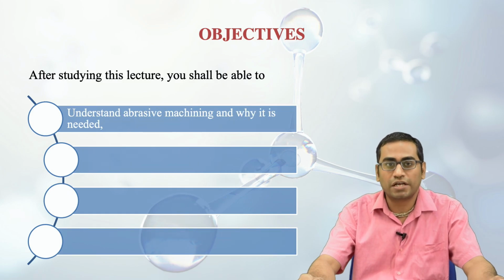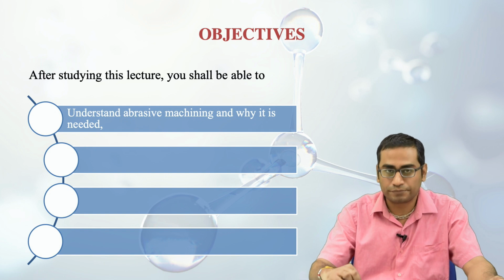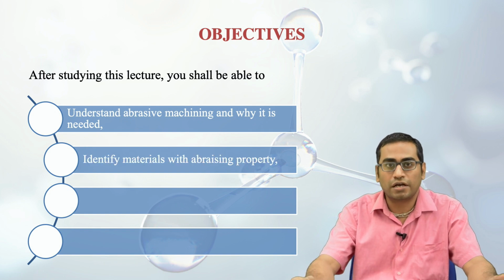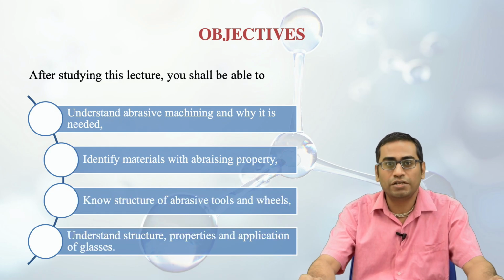Further, you will understand abrasive machining and why it is needed. Then identifying materials with abrasive property, and you will know the structure of the abrasive tools and wheels. And finally, you will understand the structure, properties and application of glasses. So these were certain objectives which you will be able to learn in this unit.